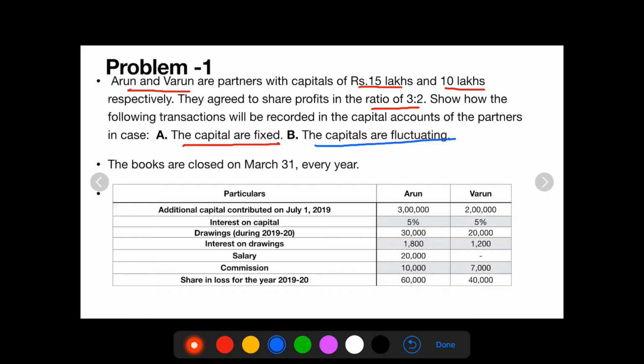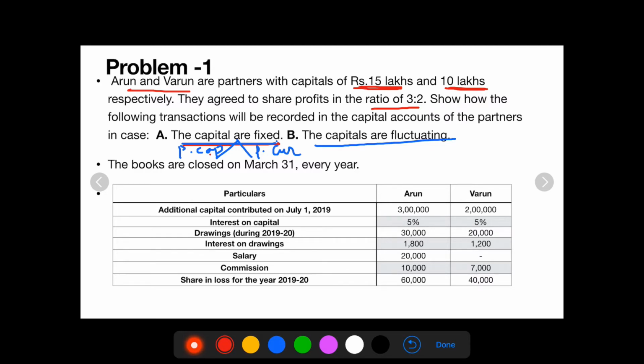Now keeping in mind the capitals are fixed, we need to prepare two types of accounts. One being partners capital account, and the second one is partners current account. So here Arun and Varun being the partners, capital 15 lakh and 10 lakh will go to partners capital account.